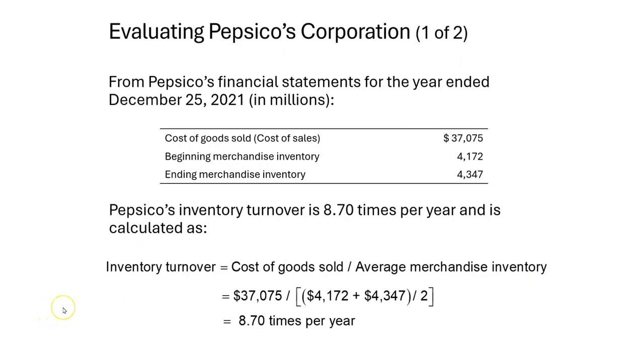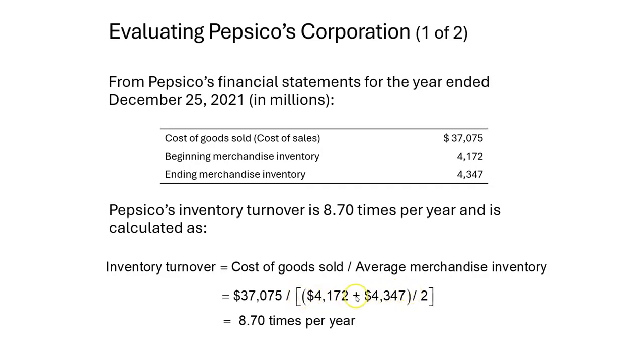Next, we'll go over inventory turnover. This is a ratio that we use to determine how many times per year our average inventory turns over. So how many times we make a profit. The formula is cost of goods sold divided by average merchandise inventory. So for average merchandise inventory, we take the beginning merchandise inventory plus the ending merchandise inventory, add them together and divide by 2.